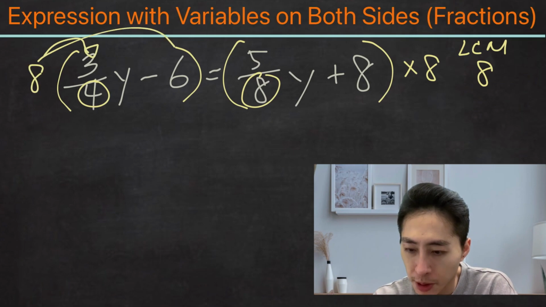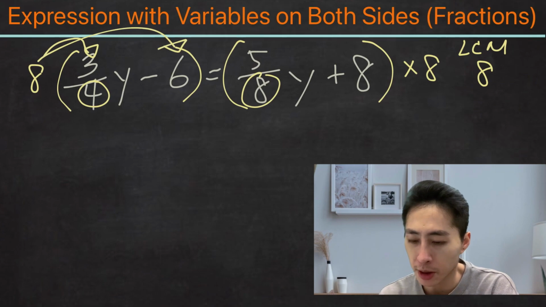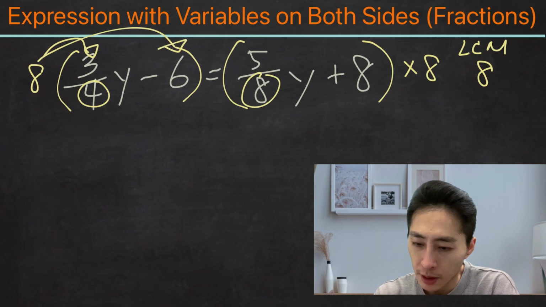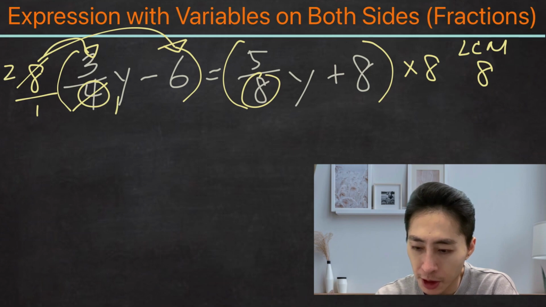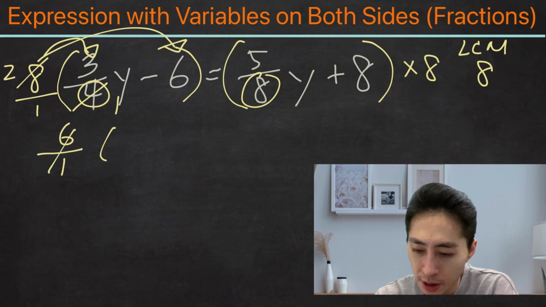Now for the distributive property, you will need to multiply it this way, and 8 times 3 over 4, you could do this and simplify. This becomes 2. They can both divide by 4. And so 2 times 3 is 6. So 6 over 1, which is 6y.